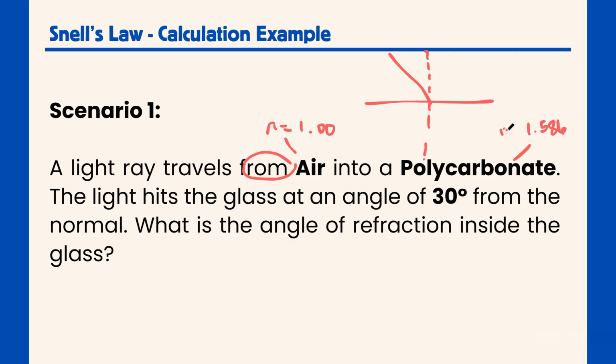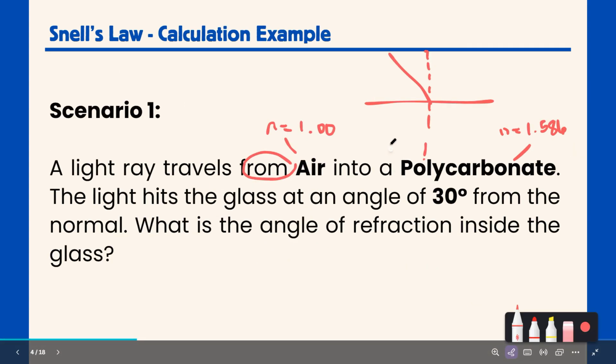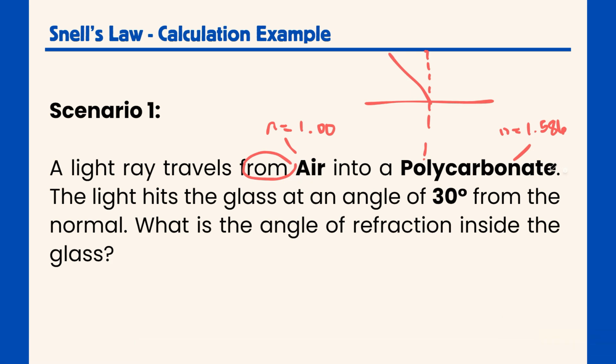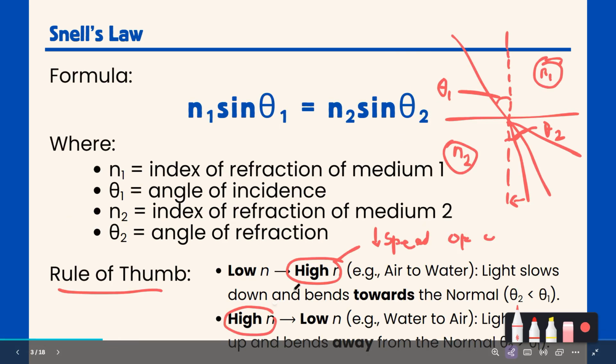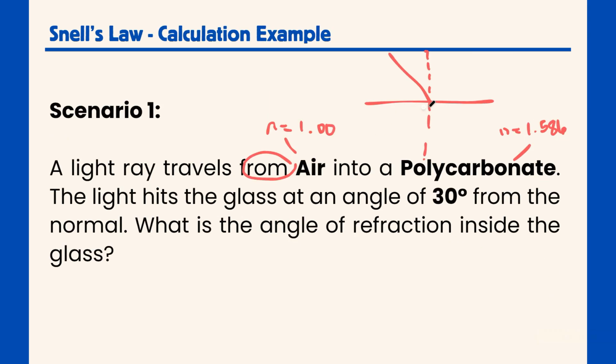As we've discussed earlier, this goes from low n to high n because it is from air to polycarbonate. Meaning our theta 2 is less than theta 1. Our angle of refraction is smaller. So it looks like this, bending towards the normal.